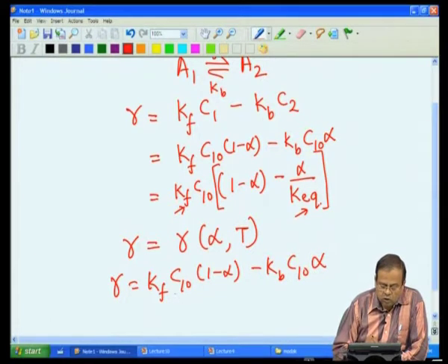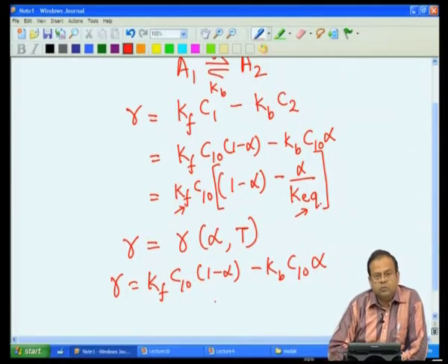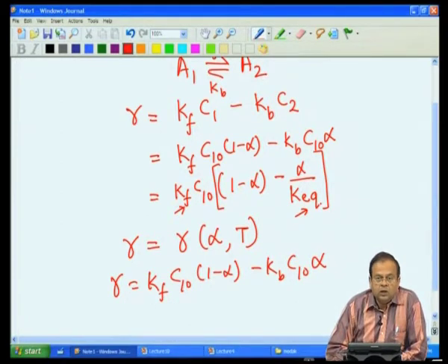Alpha is 0. So, the rate will be governed by the first term over here. Now, here there are two different factors which determine the rate.